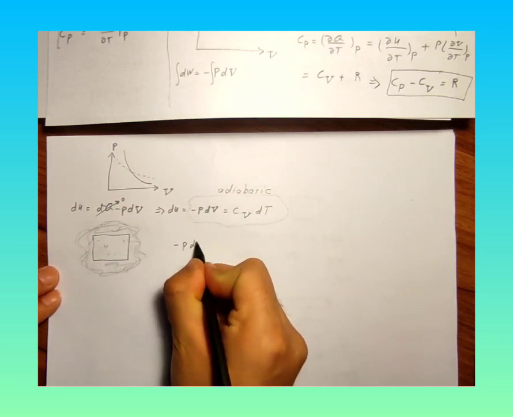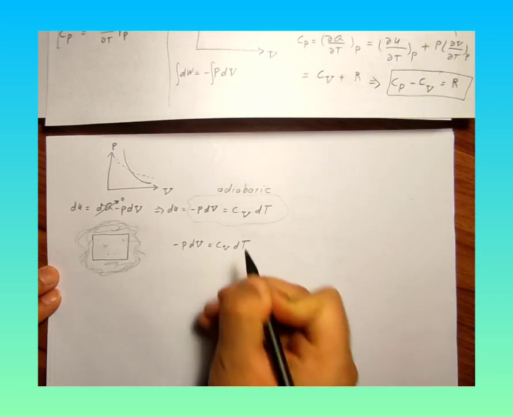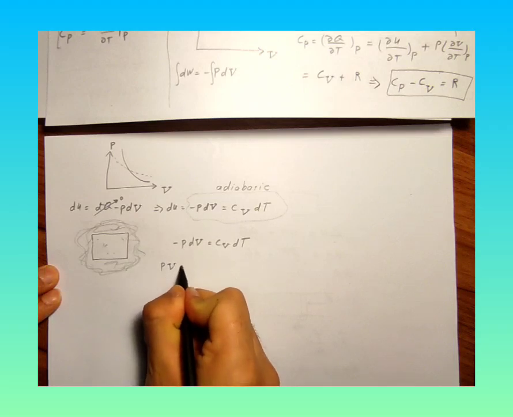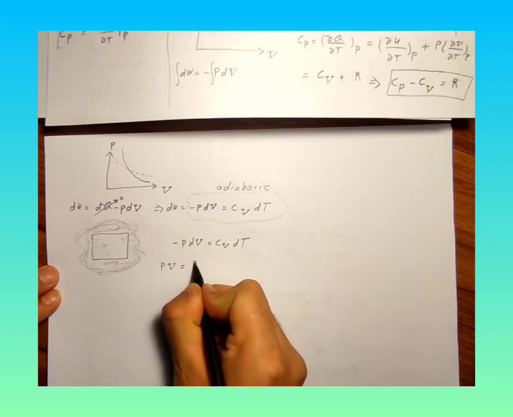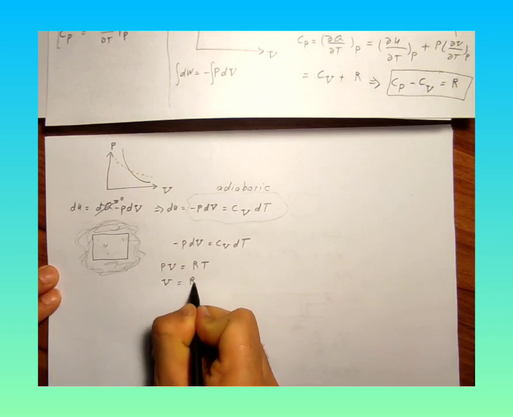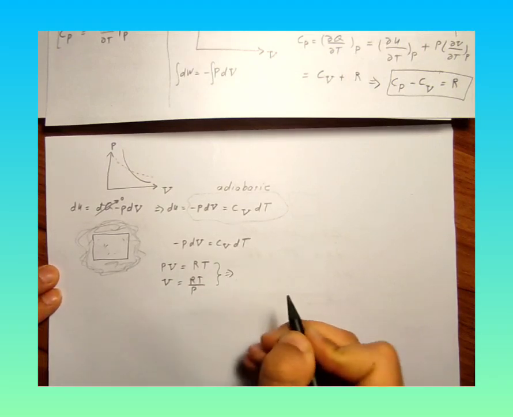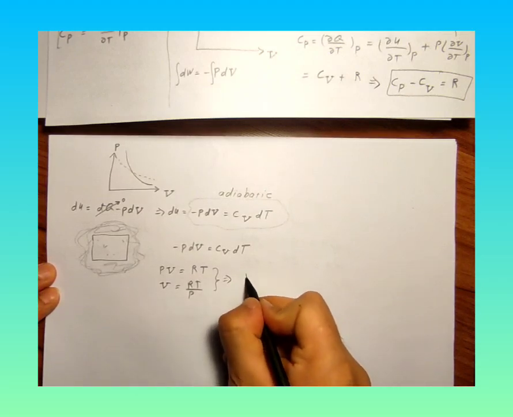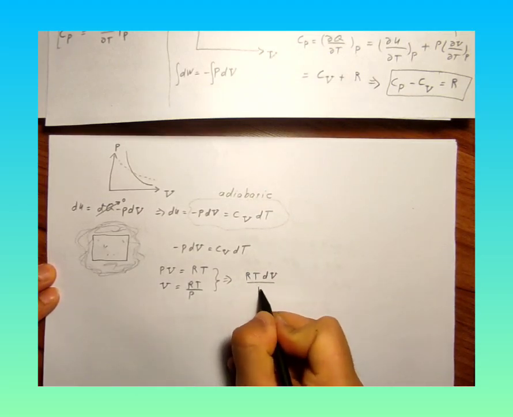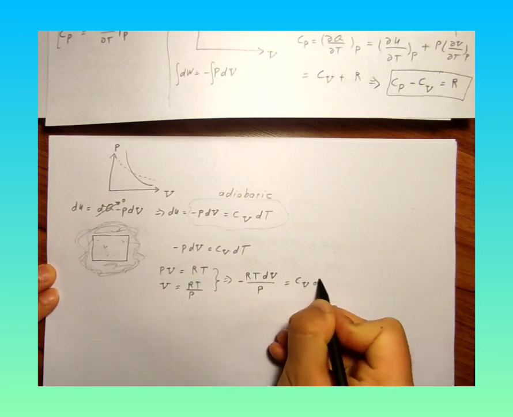Minus P dV equals Cv dT. What is P? PV equals RT, so P is RT divided by V. So RT dV divided by V is equal to Cv dT.